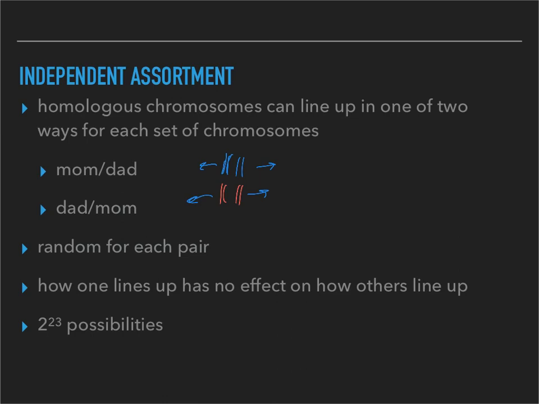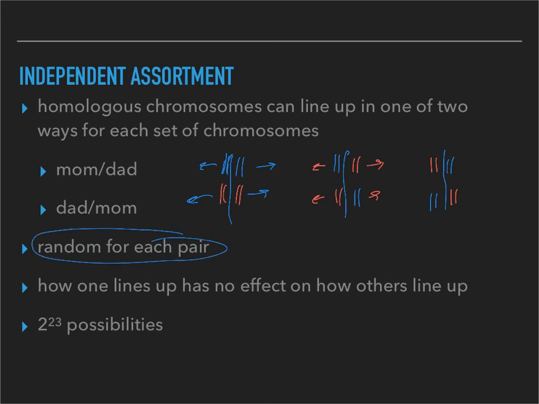But they could also line up like this, where we had mom's here and mom's here, and dad's here and dad's here. When these separate, we're getting a different combination, right? Lastly, they could go this way, and this way, and again, when they separate, we're going to get different combinations of chromosomes, and it's random for each pair.